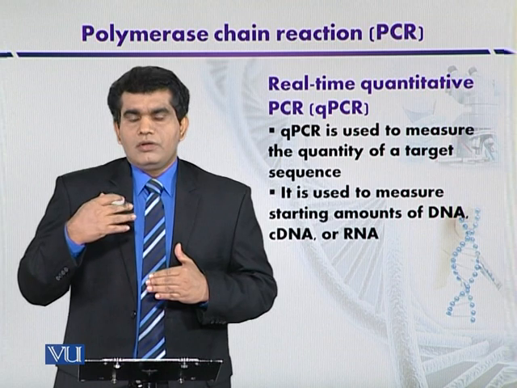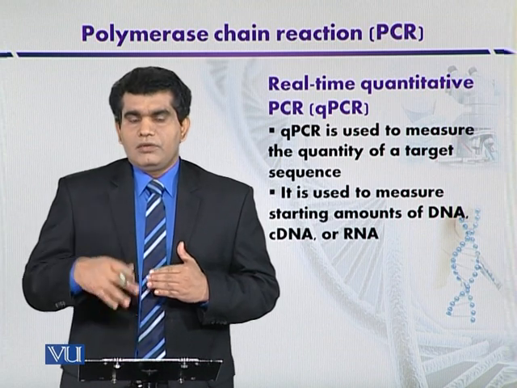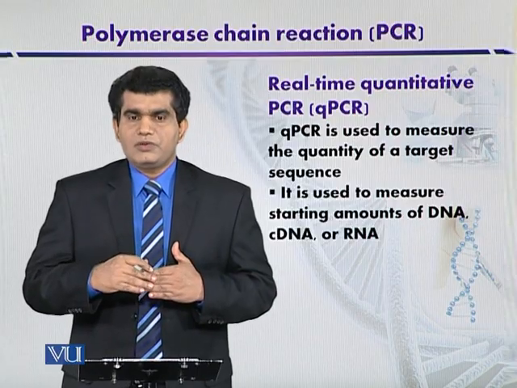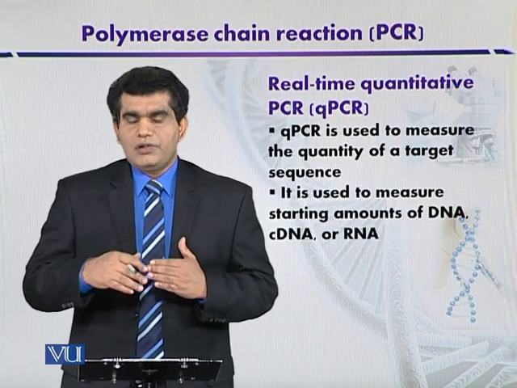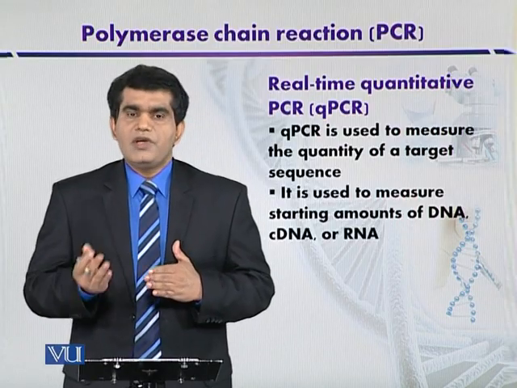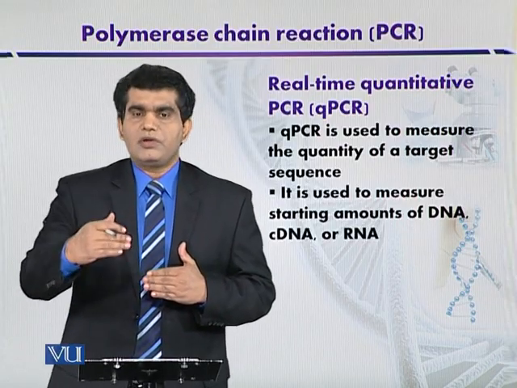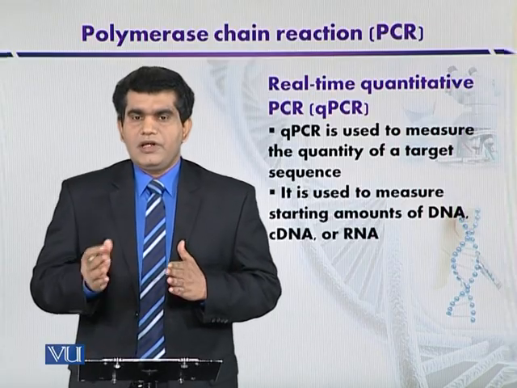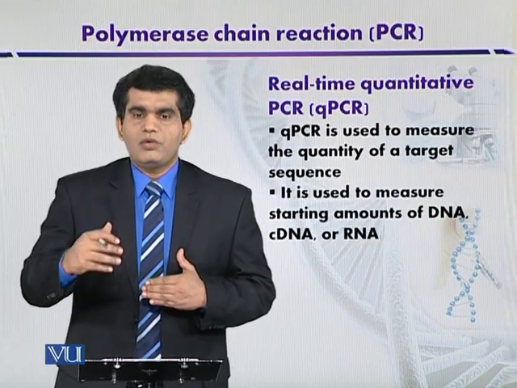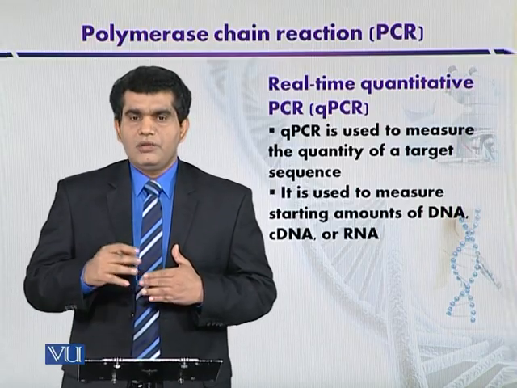So this technique, that is real-time PCR, we can effectively use to know the molecule concentration even in an unknown sample. And here we can generate a standard curve with known concentrations of DNA, and then the concentration of the DNA molecule in the unknown material can also be calculated.